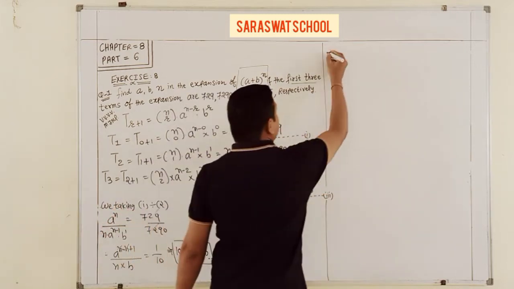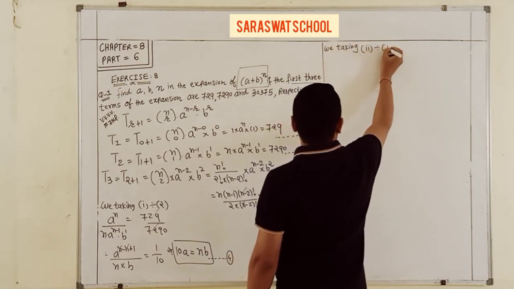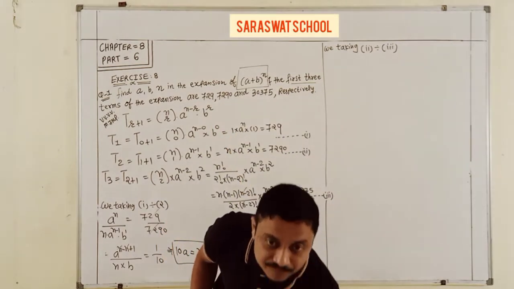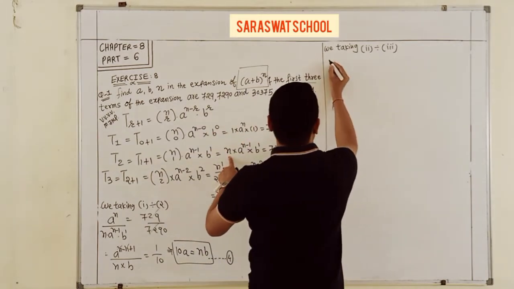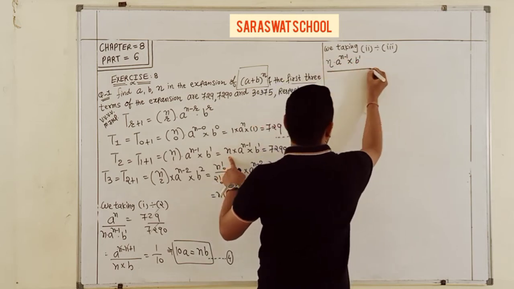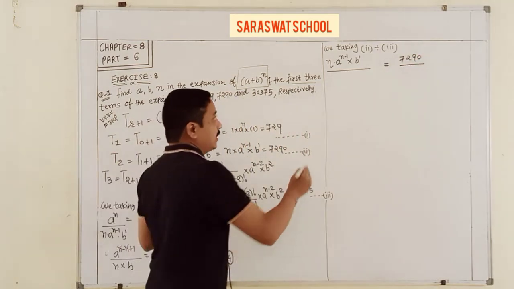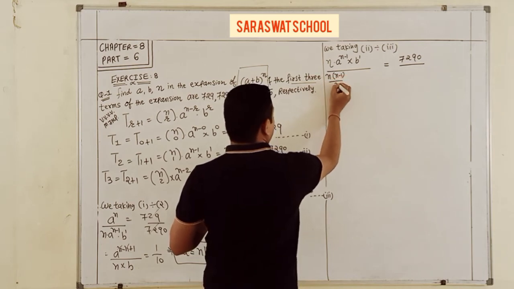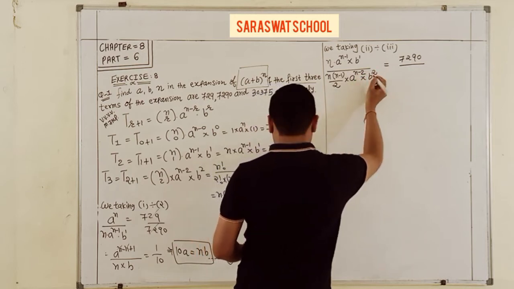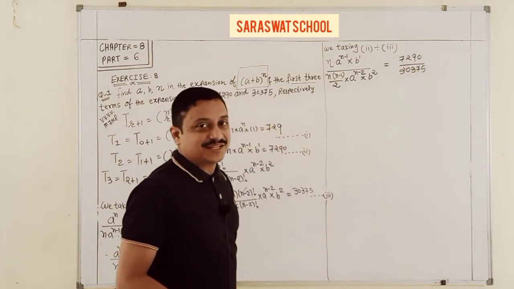The second is n a raised to n minus 1 b raised to 1, equal to 7290, and the third is n into n minus 1 by 2, a raised to n minus 2 b raised to 2, equal to 30375.